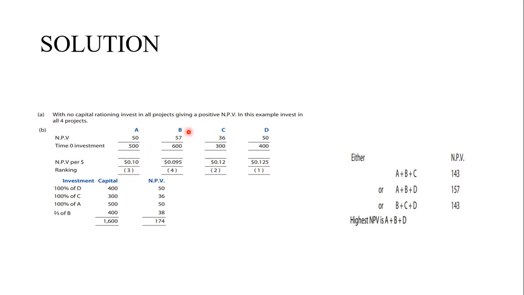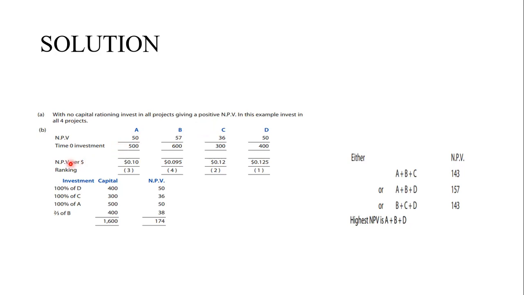That gives you 0.095. C, NPV is 36 divided by a capital requirement of 300, giving you 0.12. And then D, 50 divided by 400, giving you 0.125.